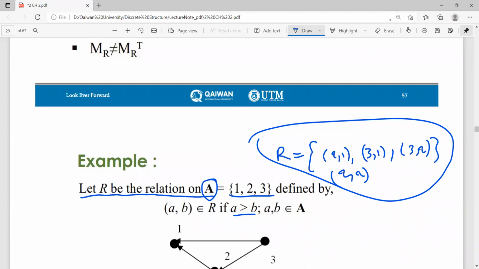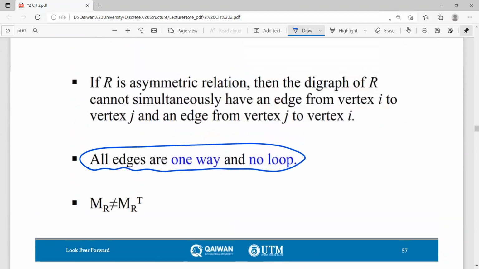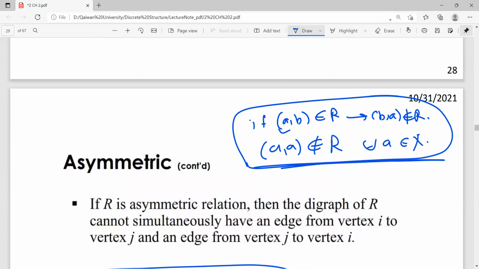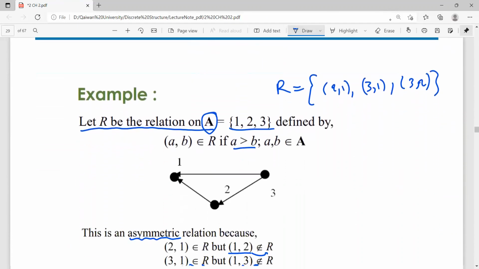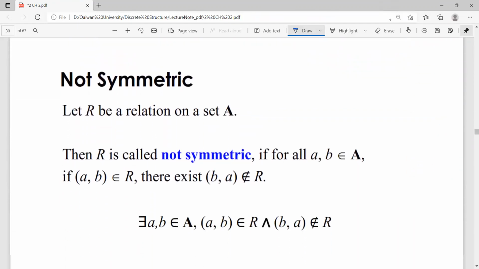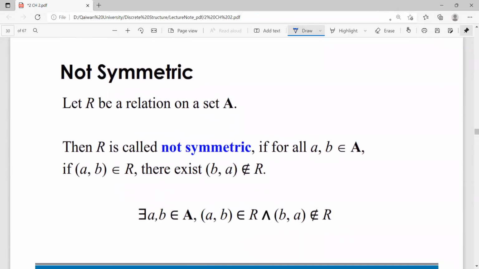That means we must have no relation from any point to itself, and also if (A,B) is in R, we must have no (B,A) in R. That's asymmetric. And also we have not symmetric.